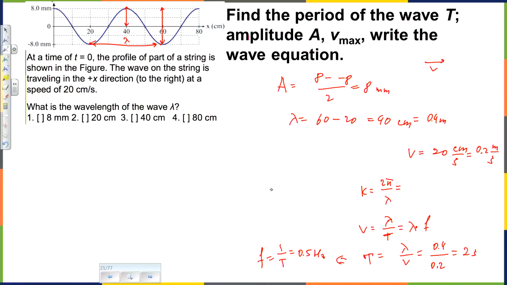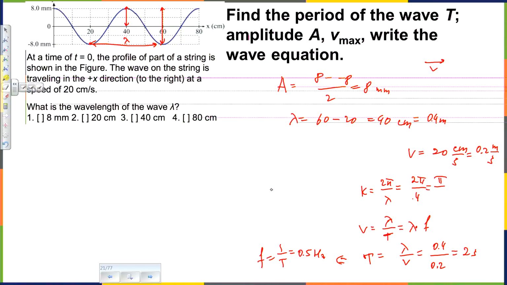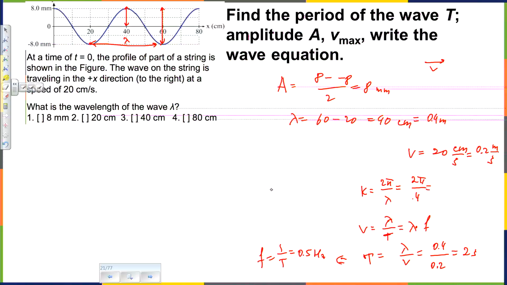The wave vector 2 pi over 0.4. Pi over 2 over 40. No, what do I do? It's 20 over 4. 20 divided by 4 is 5, so 5 pi.